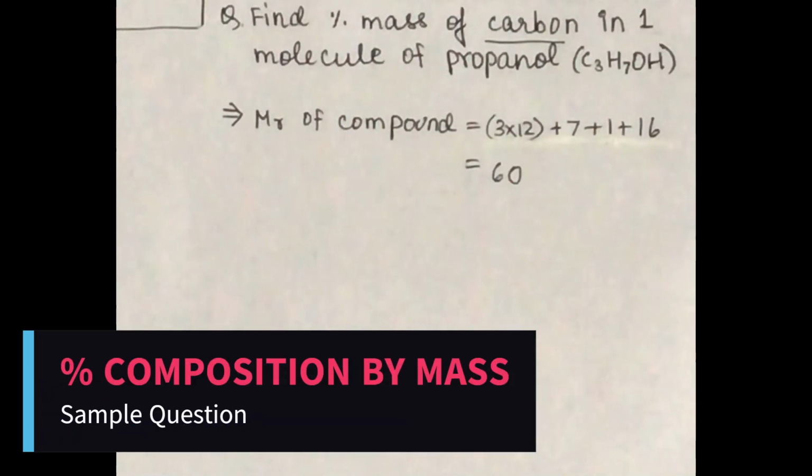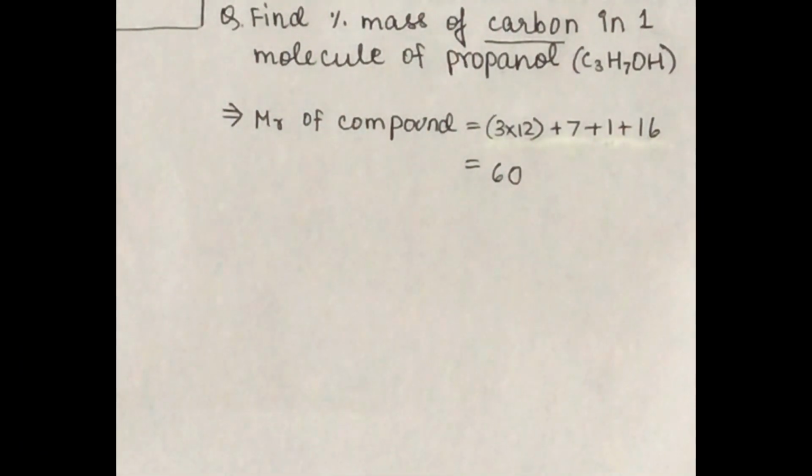Now here's a sample question to show this formula. We need to find the percentage composition by mass of carbon, the element we need to find, in 1 molecule of propanol, and we've been given the formula C3H7OH. So the first step is to find the MR of this compound. There's carbon, hydrogen, and oxygen. AR of carbon from the periodic table is 12, for hydrogen it's 1, and for oxygen it is 16.